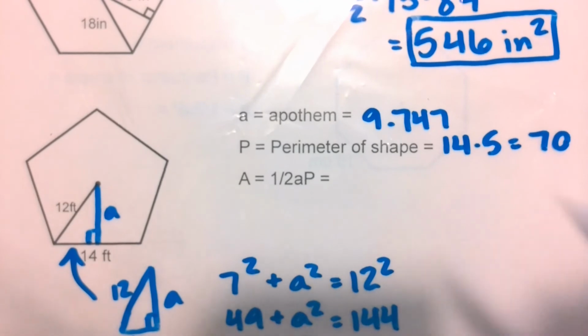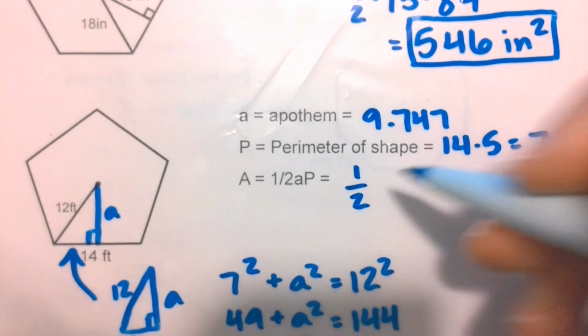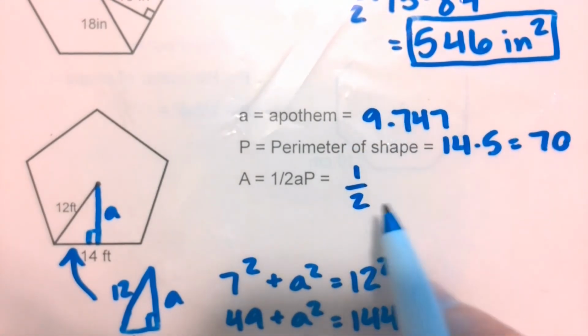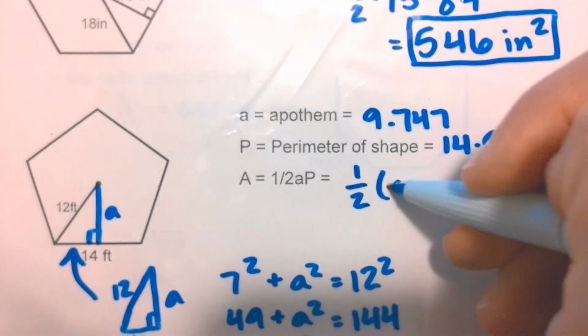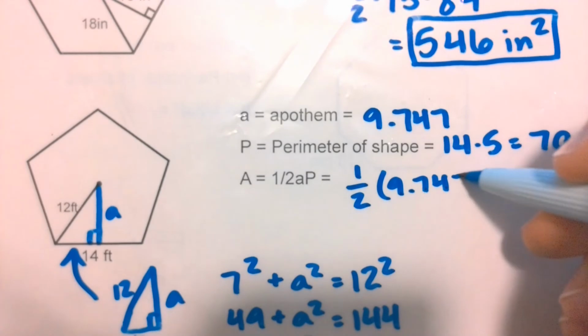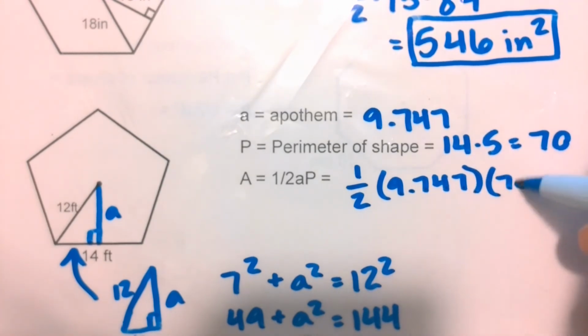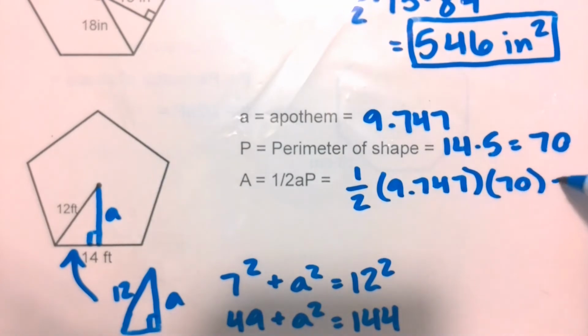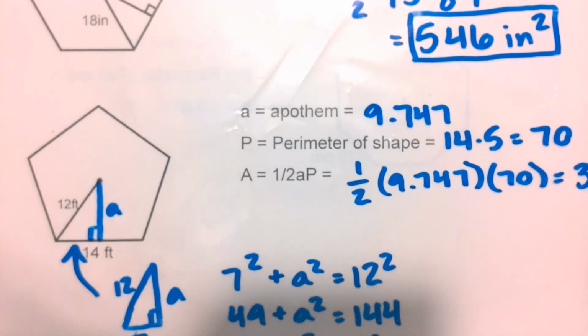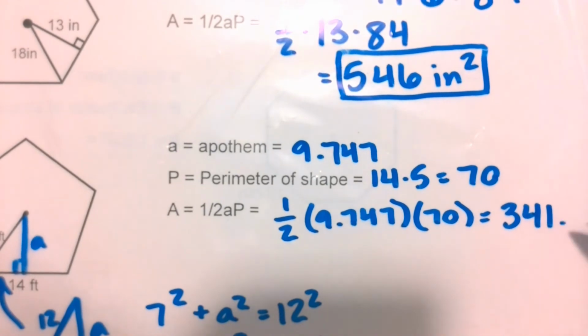And then our last step is to use our formula. You don't have to do this every time where you're separating all of it, but I do think it helps, especially if you have to solve for the apothem. So we've got our 1/2 apothem times perimeter, and then using a calculator, we get about 341.145.